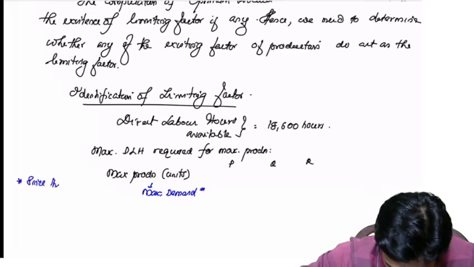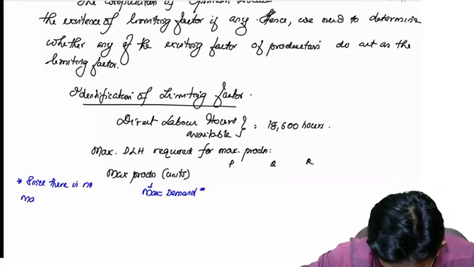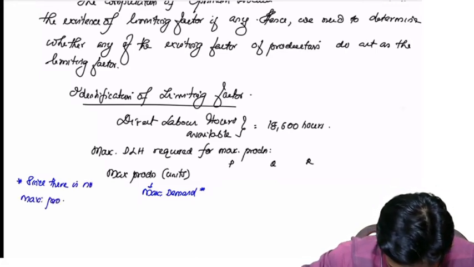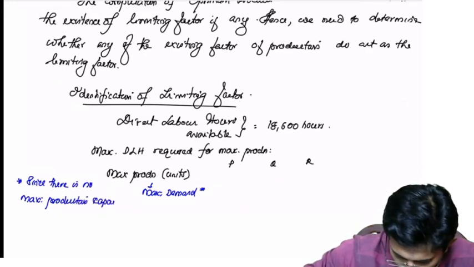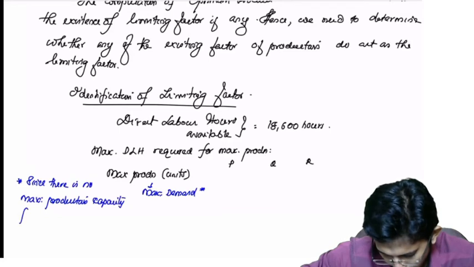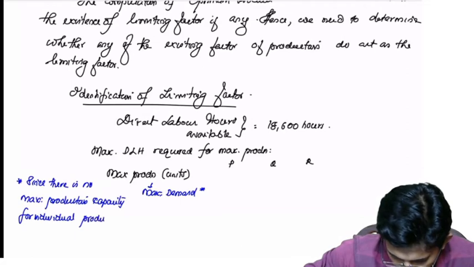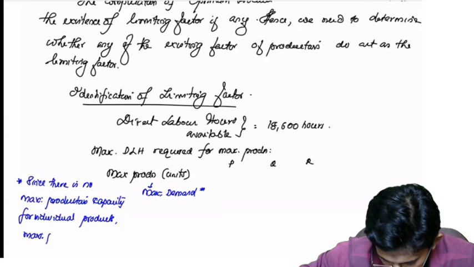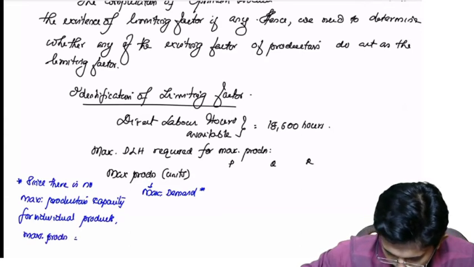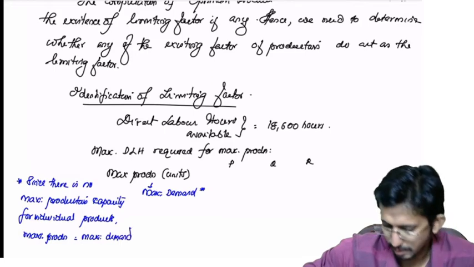Since there is no production capacity for individual products, maximum production is equal to maximum demand.